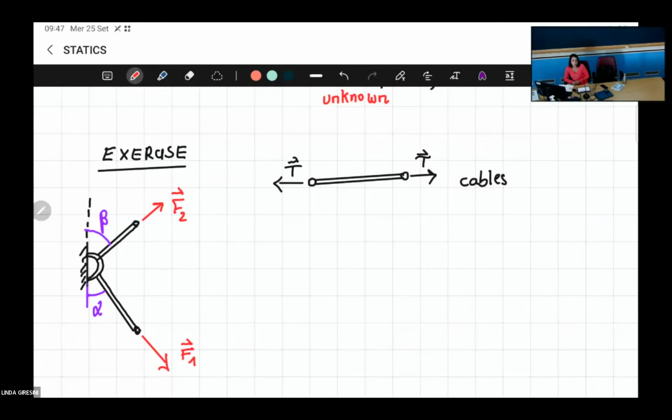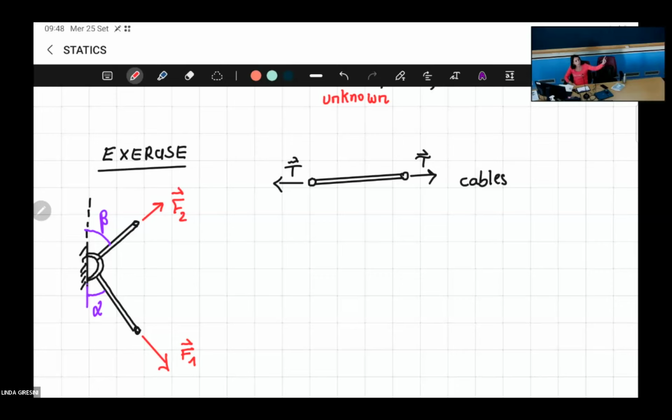And we want to find the support reaction. So when you have this eye attached to a wall, then you have two forces, maybe two cables, one maybe to sustain the roof and the other one to sustain, I don't know, a lighting device, for example. So we have two forces applied.